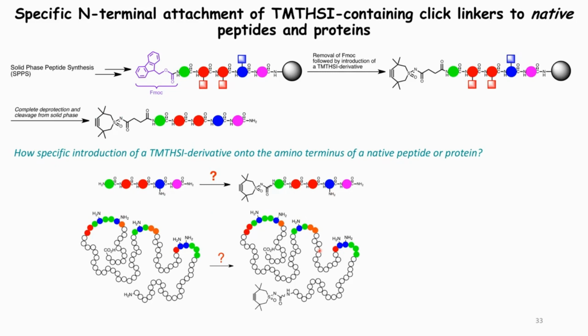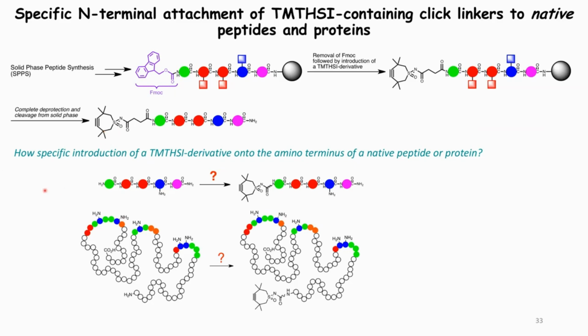So that's giving rise to what I've shown on this slide. You do the synthesis, you introduce the Fmoc derivative, you cleave, and you get your peptide with this TMTHSI derivative. Now, the final part of my presentation is, can we go even beyond this?